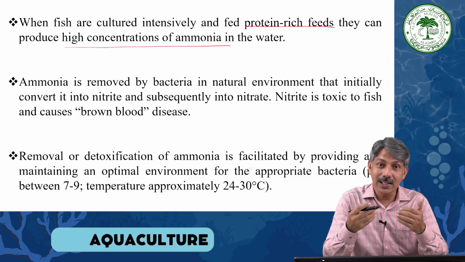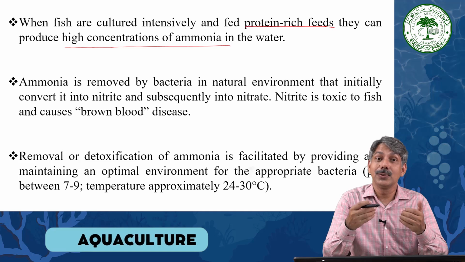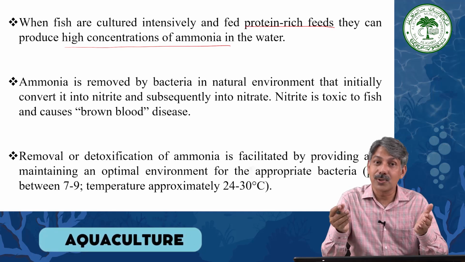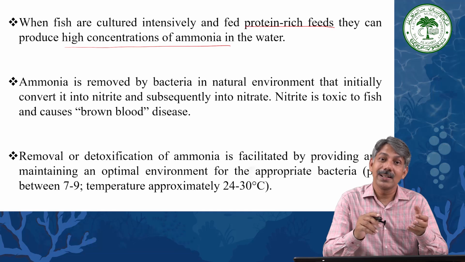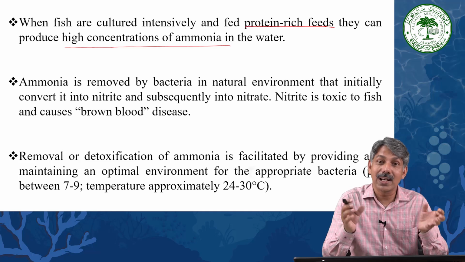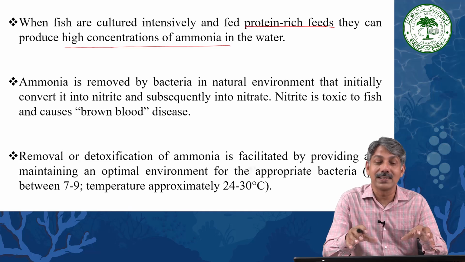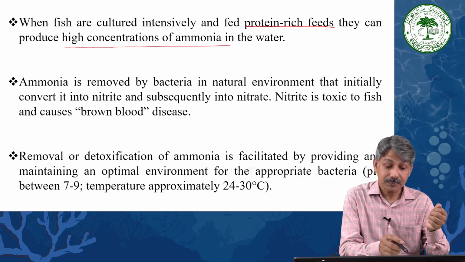If you want good quality fish in terms of flesh quality, then you have to feed them a nutritionally balanced and protein-rich diet. So you are putting in more feed and protein-rich food, which is rich in nitrogen, then ultimately you are putting more organic load in the system, and that will ultimately result in production of more ammonia in the water.